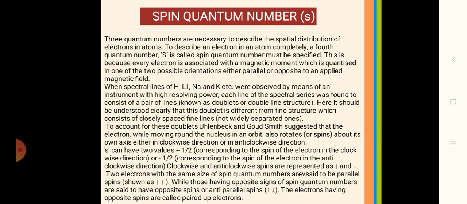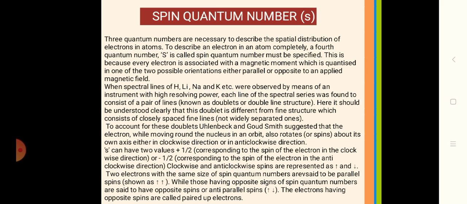Spin quantum number. This is our last, fourth type of quantum number. Three quantum numbers are necessary to describe the spatial distribution of electrons in atoms. To describe an electron in an atom completely, a fourth quantum number s, called spin quantum number, must be specified.